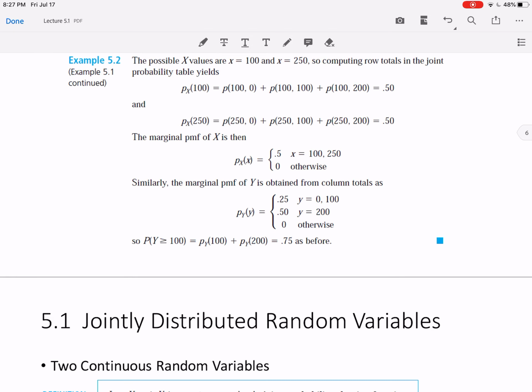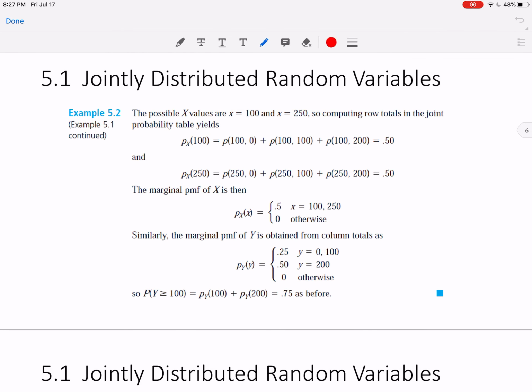All right, once this is clear, let's read over the solutions given here. This is pretty much exactly the same thing as what we just did. If you want to find the marginal PMF of x, you want to find the probability x is equal to 100 and the probability x is equal to 250. When x is 100, y could be 0, 100, or 200.